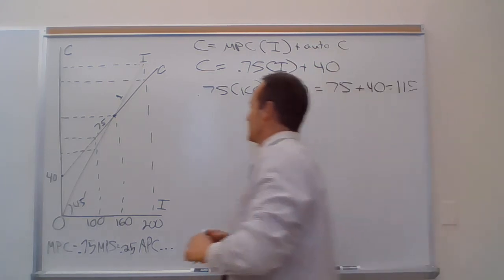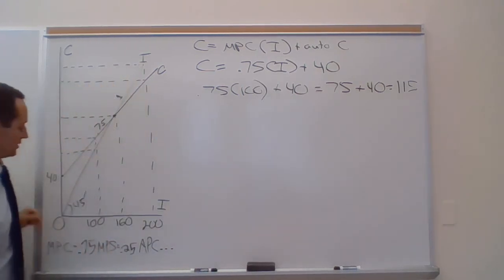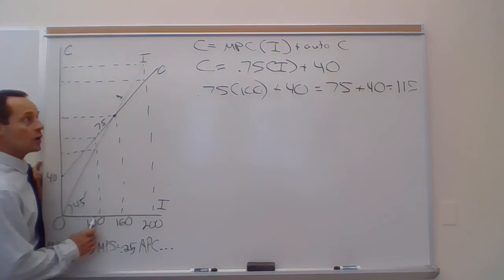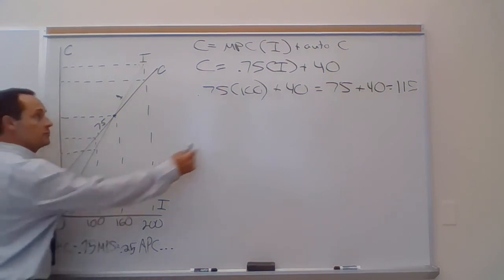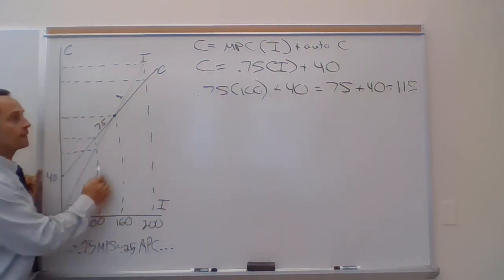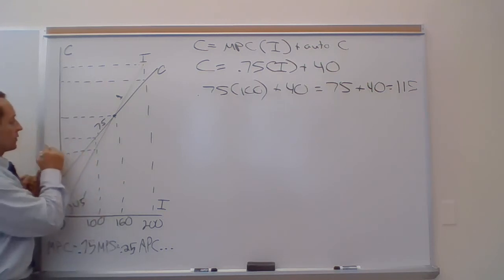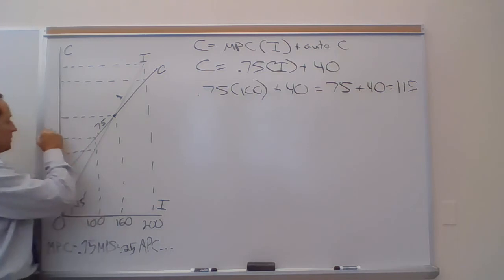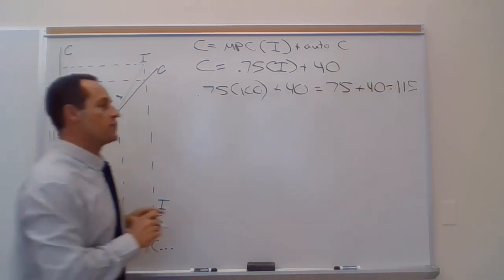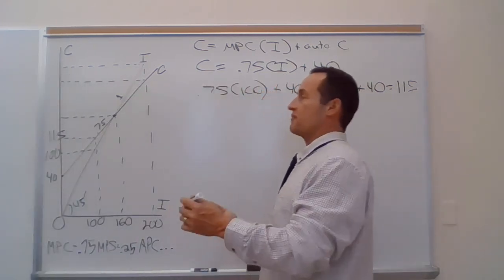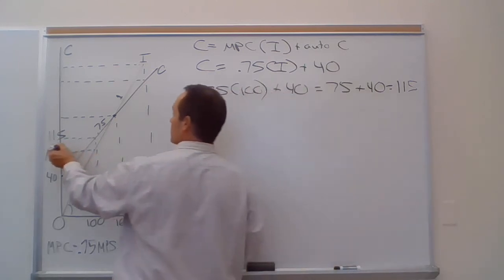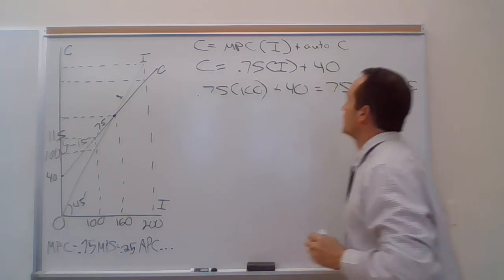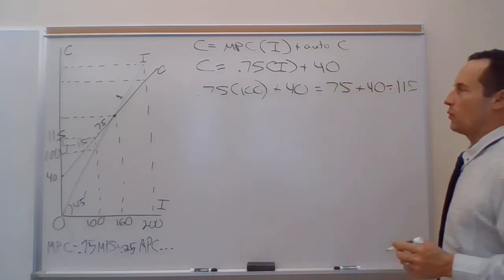So what does this mean? When income is 100, we spend 115. We have savings of negative 15, or debt of 15. All right. What about equilibrium?